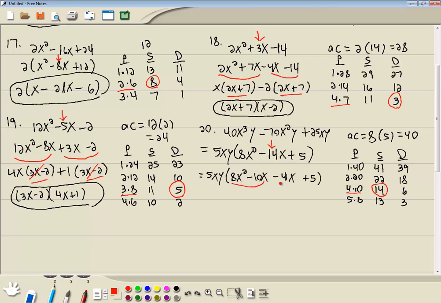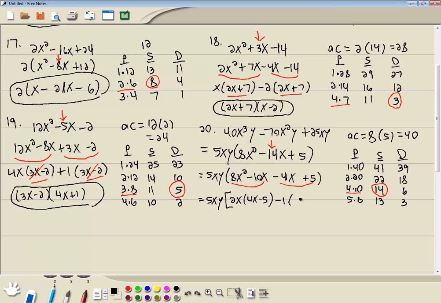And I want to factor by grouping. Now the 5xy just carries down. The first group here, they have a 2 and an x in common. And that gives us 4x minus 5. Second group has nothing in common, but the first term is negative. Remember, if the first term is negative, you always factor out a negative.